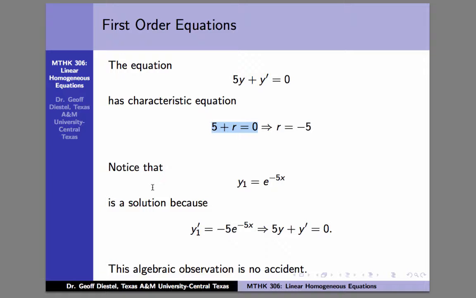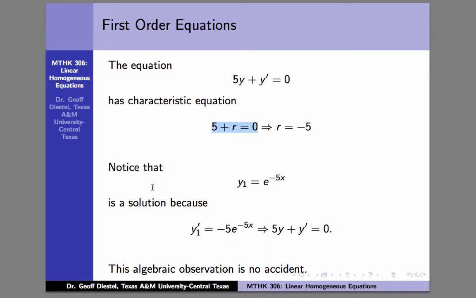For right now, what we're going to focus on is what happens when the characteristic equation actually factors into different roots and gives you distinct roots. So in this case, we talk about quadratics. We're going to talk about quadratic equations that have two distinct real roots. And we're going to see that those two real roots are going to tell us what the two pieces of our homogeneous solution are.